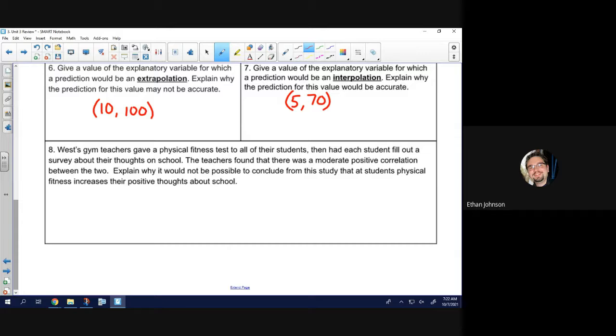So what this means, correlation does not mean causation. So just because something is related does not mean the first thing causes the second thing, or vice versa.